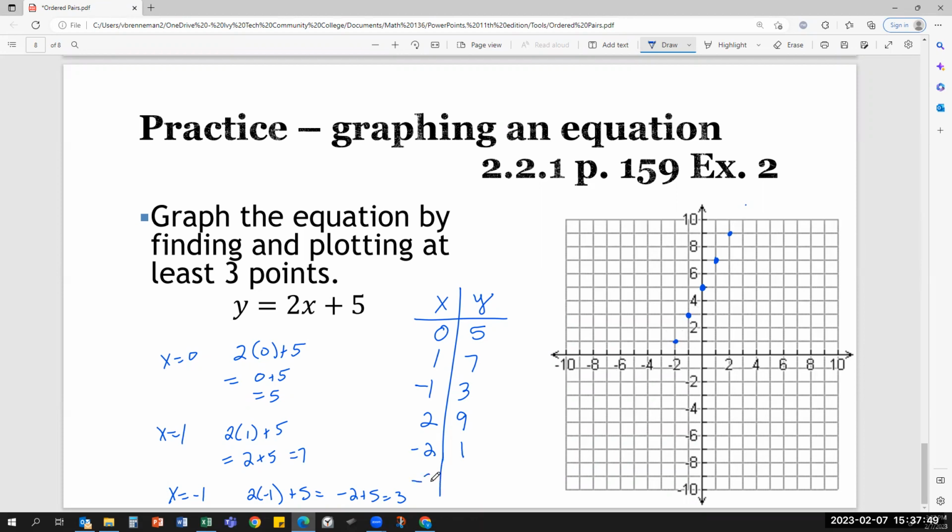If I go -3, 2 times -3 is -6, -6 plus 5 is -1. So (-3, -1). So it seems like each time, as I add 1 to the x value, I'm adding 2 to the y value. As I subtract 1 from the x value, I'm subtracting 2. So I can guess I'm going to have points following that same pattern, and this is forming a straight line.